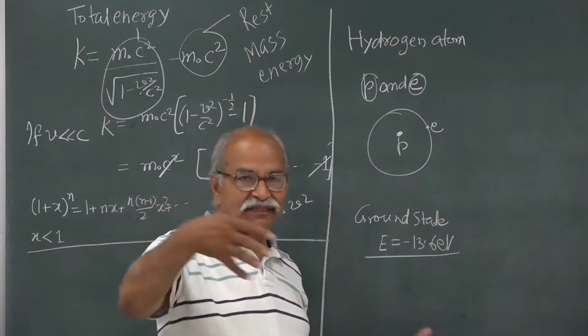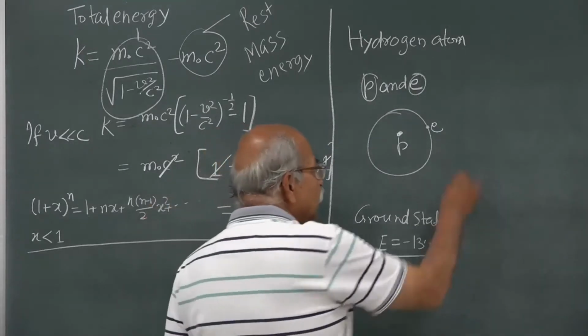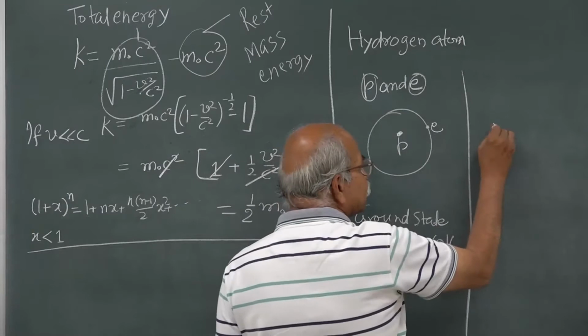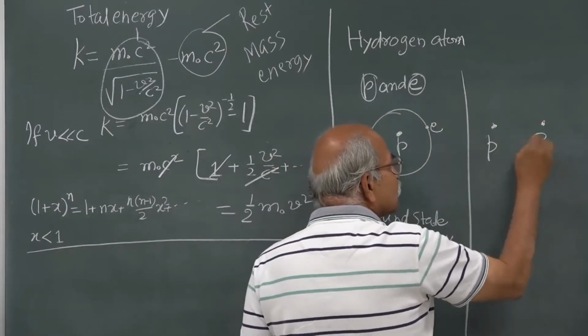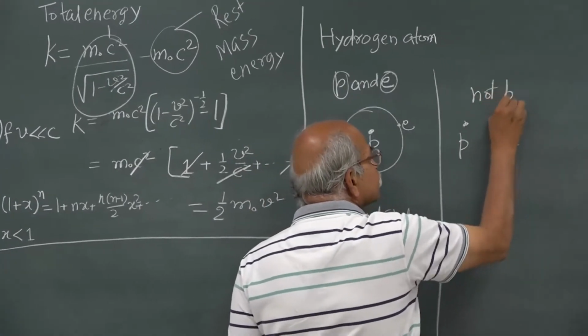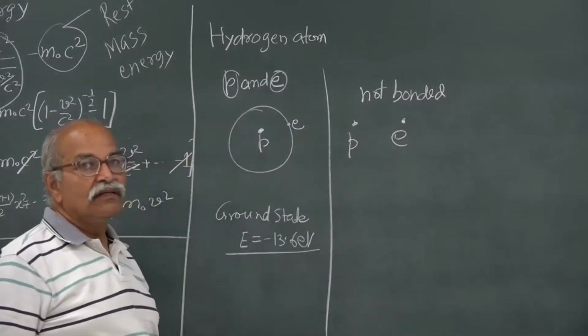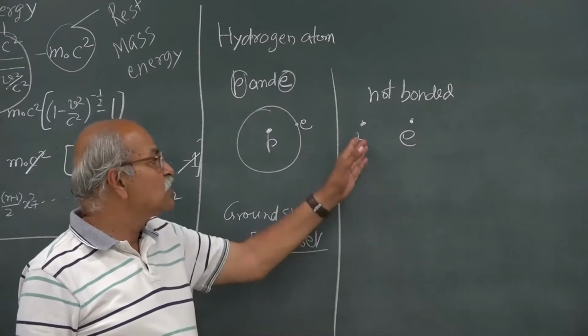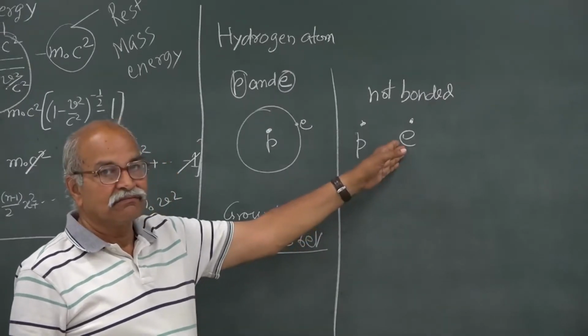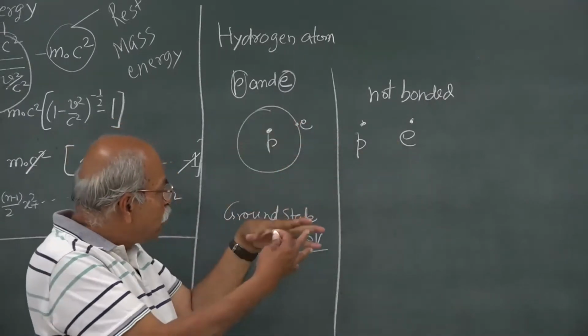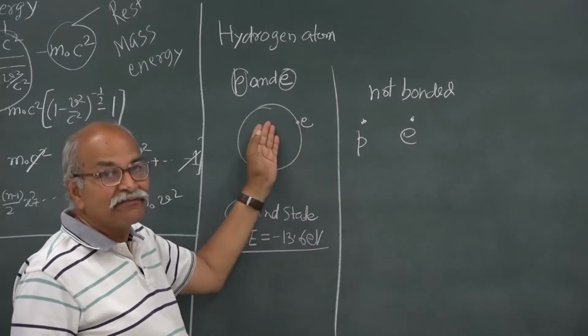Separate means the separation is now large. So, if you have a proton and an electron which is not bonded, no bonding, this is a combination of proton and electron, but when they are bound it becomes a hydrogen atom.